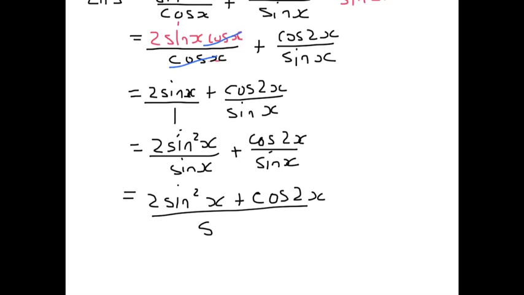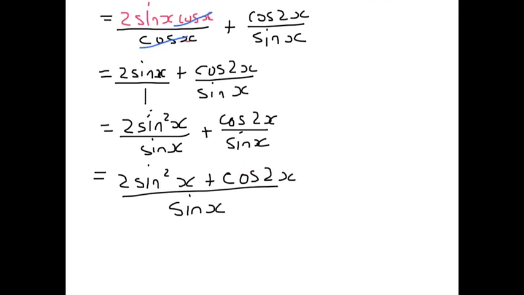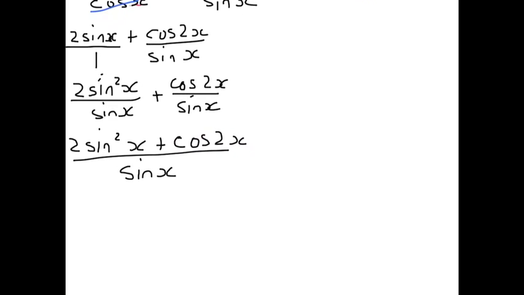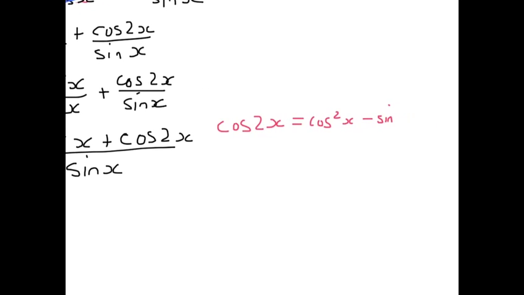Now I need to do something with this cosine 2x because there's not really anywhere else I can go except to replace this. So just as a reminder, I've got 3 options here. My first option is cosine 2x equals cosine squared x minus sine squared x.